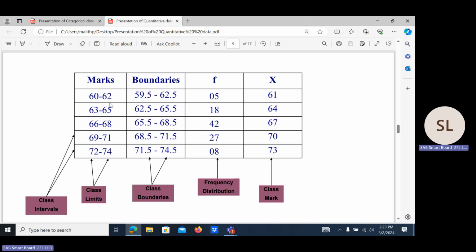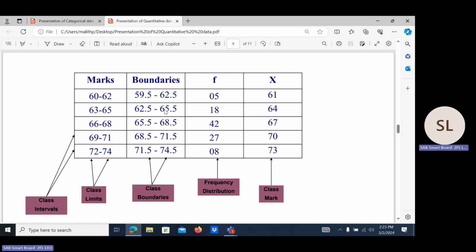When we convert all the class limits into class boundaries, there is no gap between the upper boundary and the lower boundary of different class intervals. Understood? The first one is 59.5 to 62.5, then the other one is 62.5 to 65.5. There is no gap.